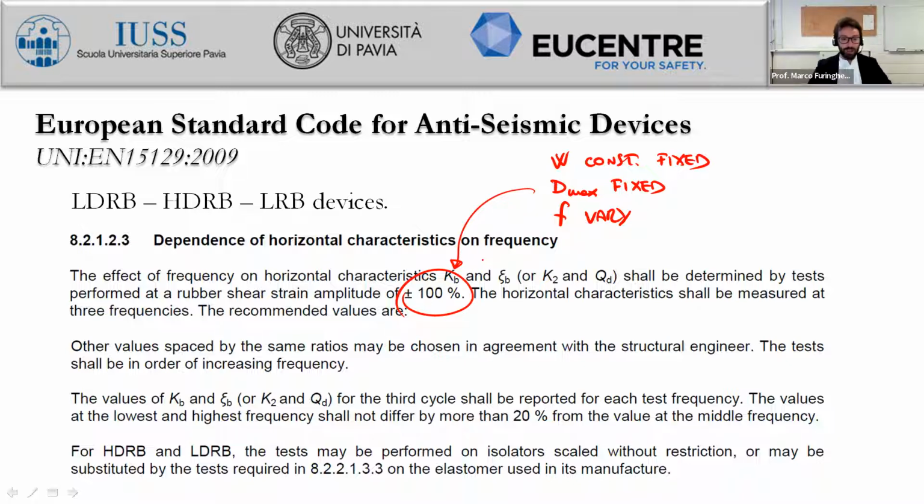There are recommended values, obviously here they have been deleted. I remember that there should be 0.5 hertz, 1 hertz, and 2 hertz.